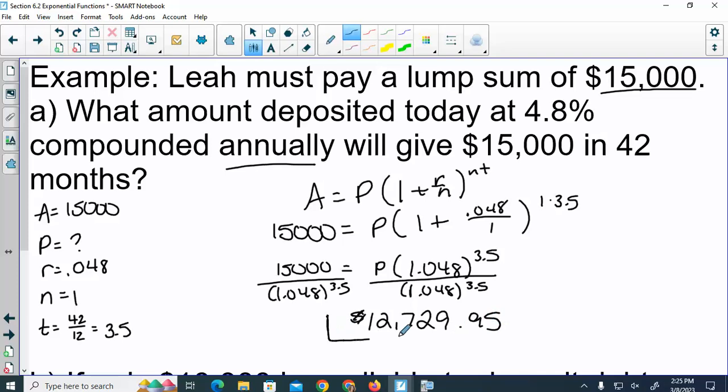So that is what she has to have right now. She has to deposit that. That's what she would have to have in order to end with 15,000.